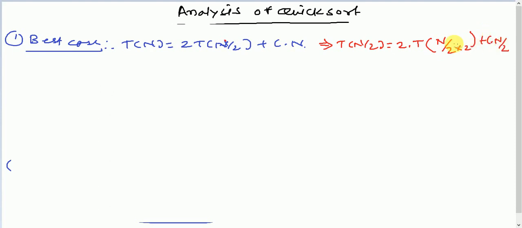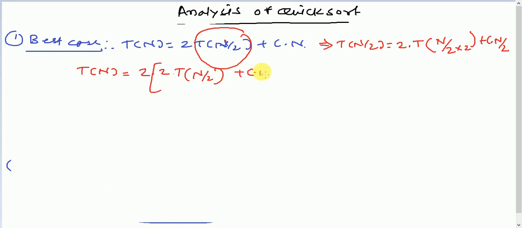Now if I put this whole value of t of n by 2 over here, I'll get t of n is equal to 2 into 2 t of n by 2 plus c into n divided by 2, plus c into n.